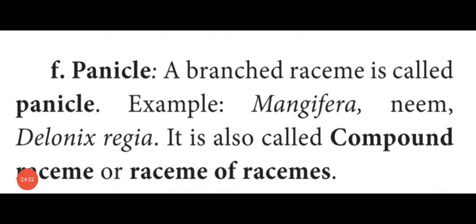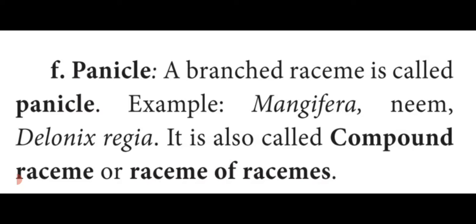Dear students, the last type of main axis elongated is panicle. The branched raceme inflorescence is known as panicle. In the first type you have seen simple raceme, an unbranched central axis, isn't it? In this type, the central axis possesses many lateral branches.